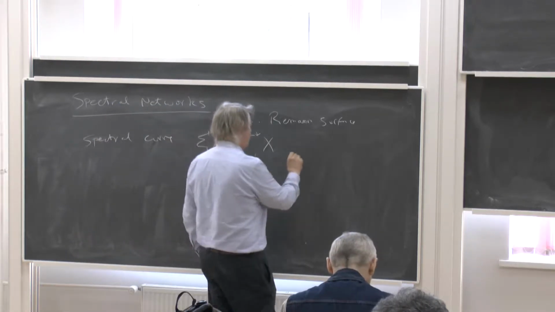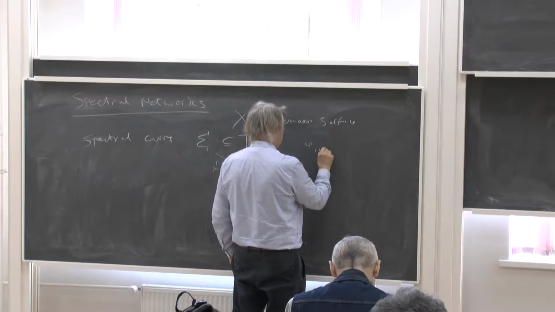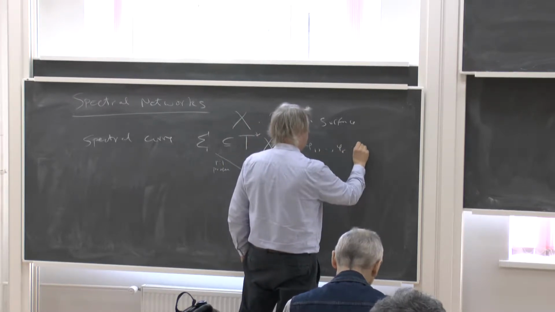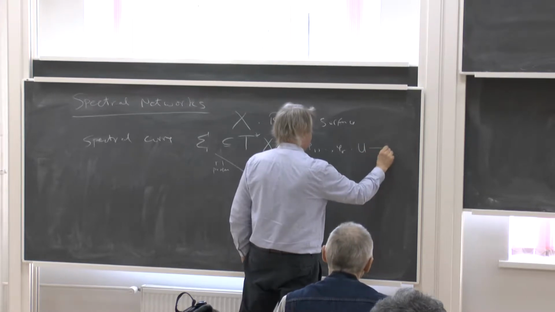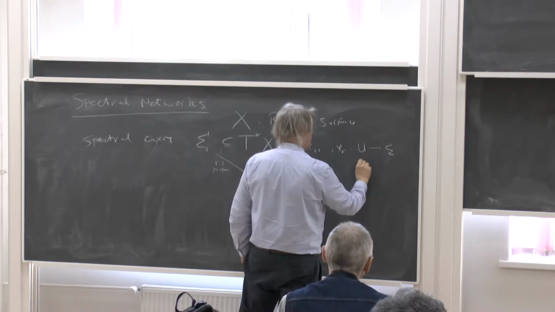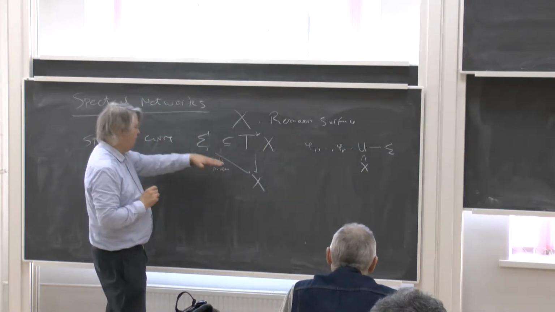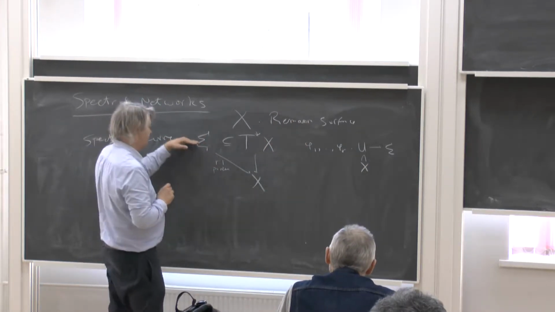Let's call phi1 through phi R sections from some open subset of X into Sigma. Locally, let's choose R different sections of the spectral curve.